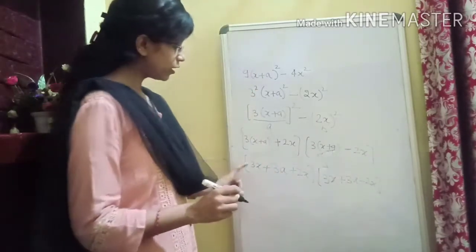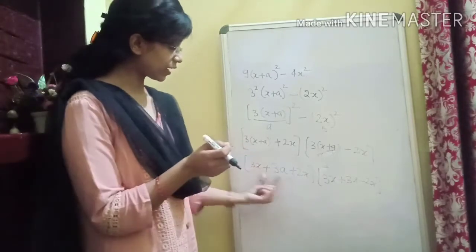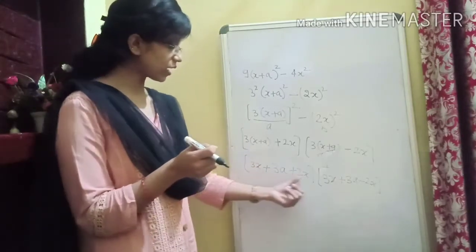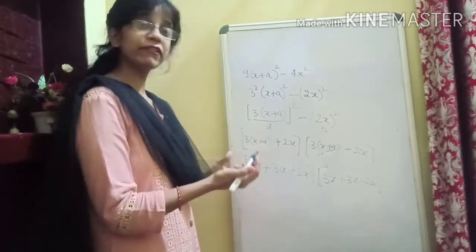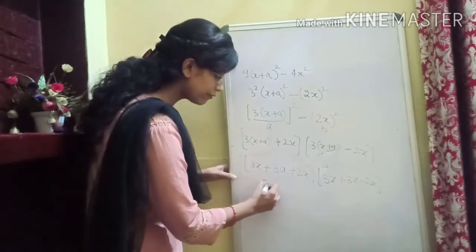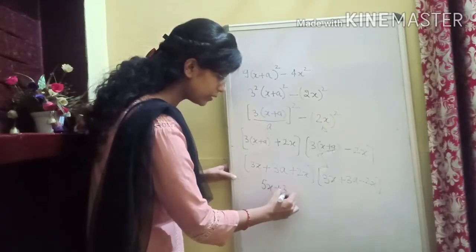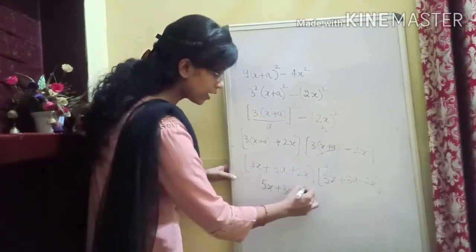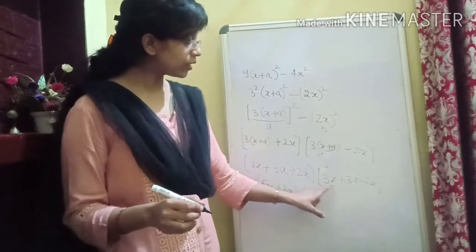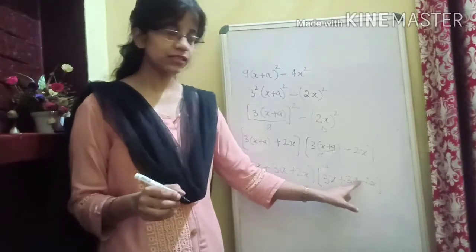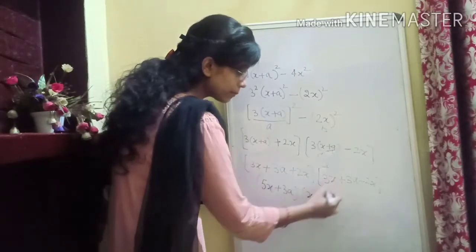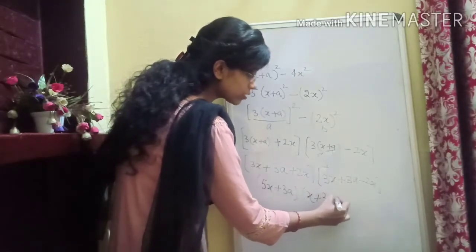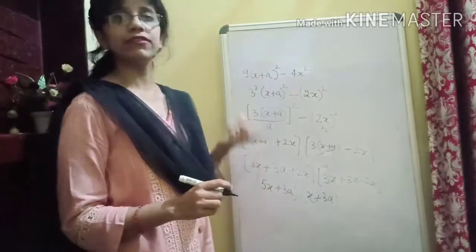Here we are getting like terms 3x and 2x, with plus signs, so 3x plus 2x will be 5x, and then 3a as it is. And here, 3x with plus sign, 2x with minus sign, so 3x minus 2x would be x only, and plus 3a. So this would be our factorization of the given question.